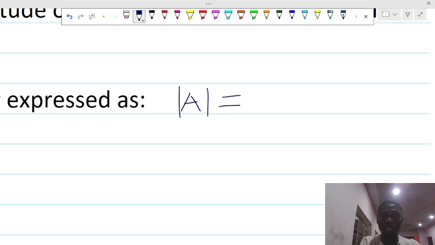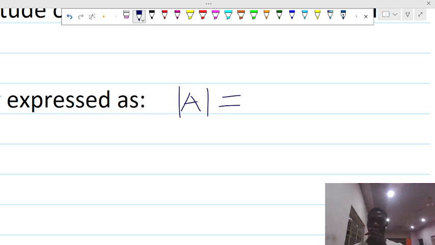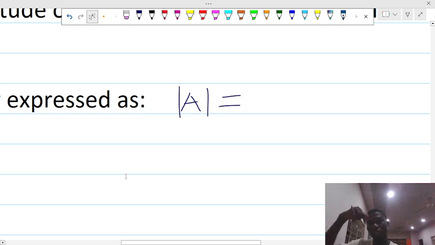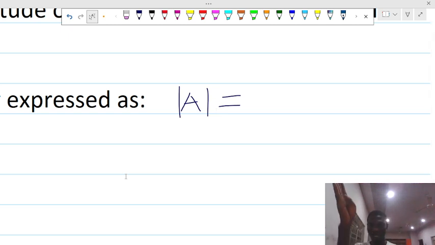Now before I write the next thing, a vector has components.